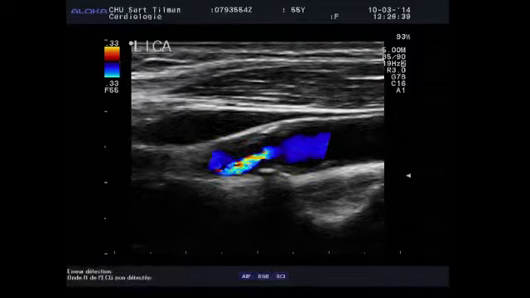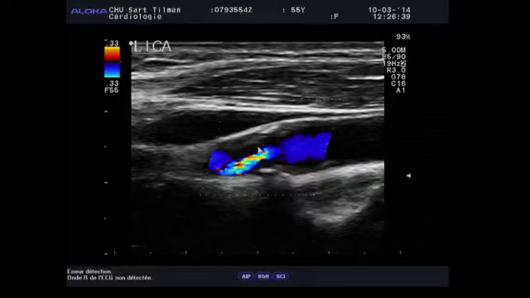But when you put the color Doppler on, you can see here that the stenosis is much more severe than we thought it was. And you can see here the flow with aliasing. And aliasing, as for cardiac echo, is a sign of high velocity and stenosis. You can see the stenosis is partly anechogenic here.